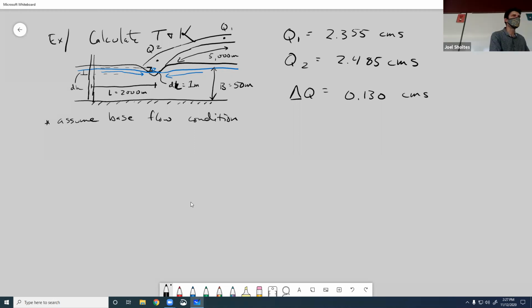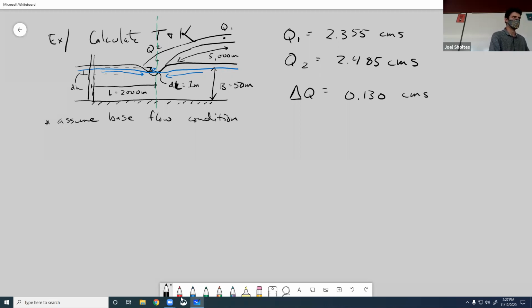All right, so what we're going to do to solve this problem is we're going to basically cut this problem in half, because we have water flowing from this side and we have water flowing from this side. And we're going to assume that the water's flowing at an equal rate.